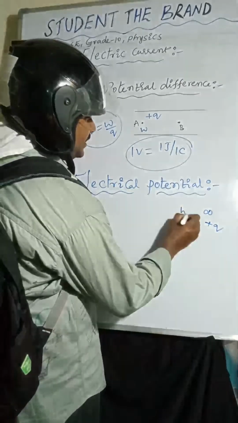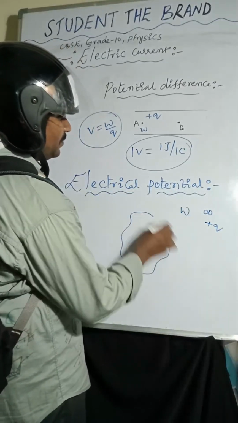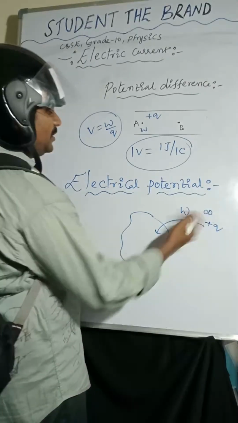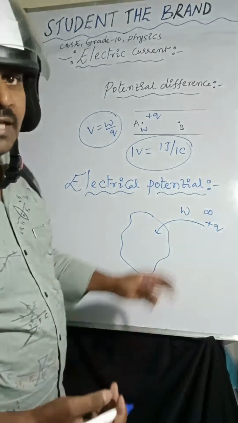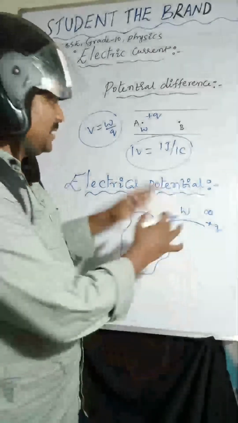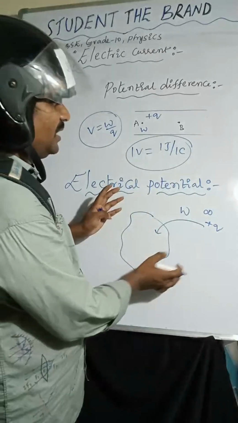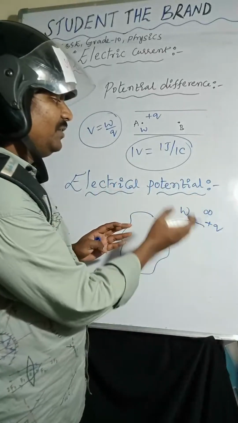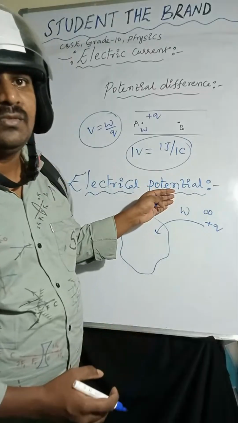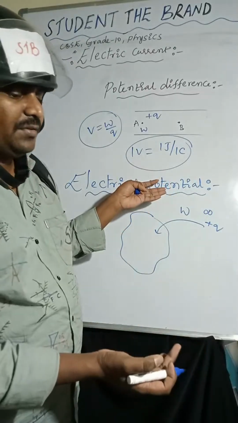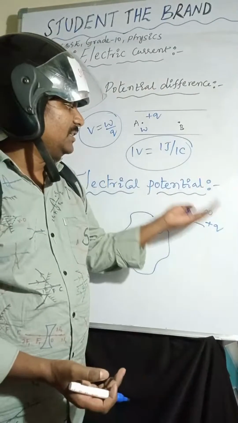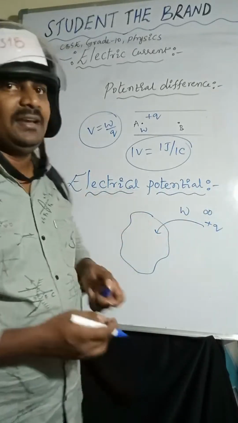So we are doing some work to bring that positive charge from infinity to the required field. Suppose I am considering the required field. So this is the infinity point, we are doing some work. Some work we are doing to bring a unit positive charge from infinity to the required field is called electrical potential.